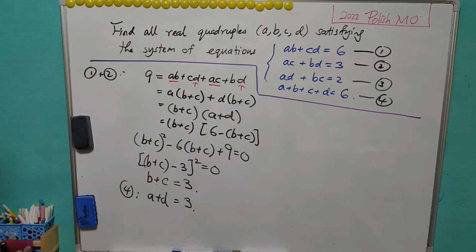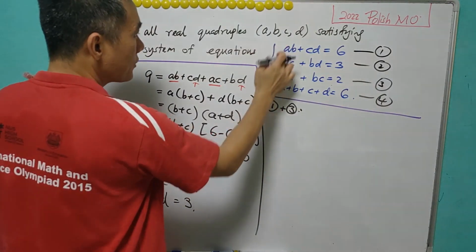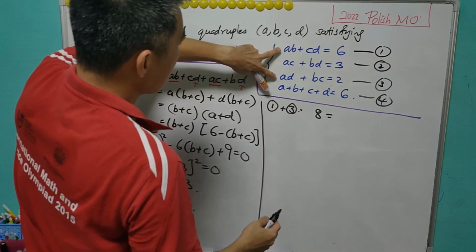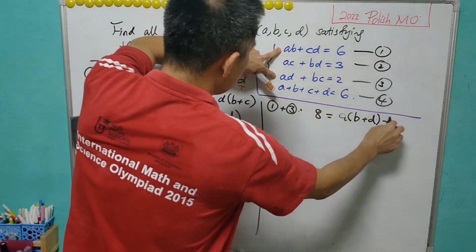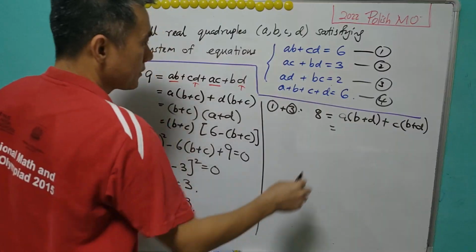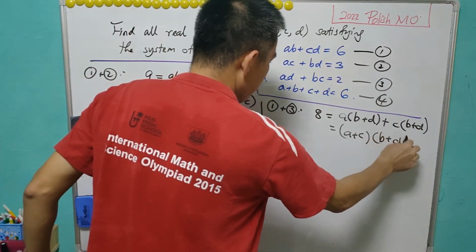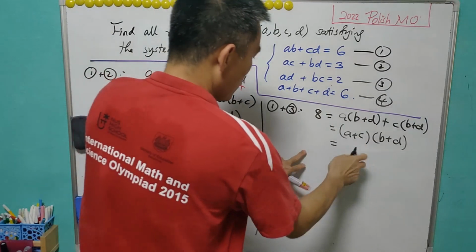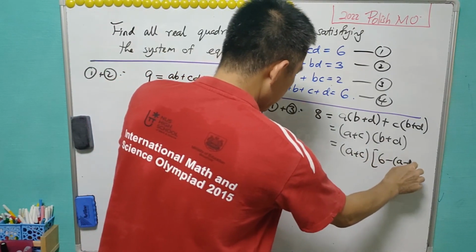That is the result when you add up 1 and 2. We can do a similar thing and add up 1 and 3. When you add up 1 and 3, that equals 8. There is a common A, B + D, and a common C, B + D. So it is (A + C)(B + D). Again, from 4, the sum equals 6, so B + D is 6 minus (A + C).